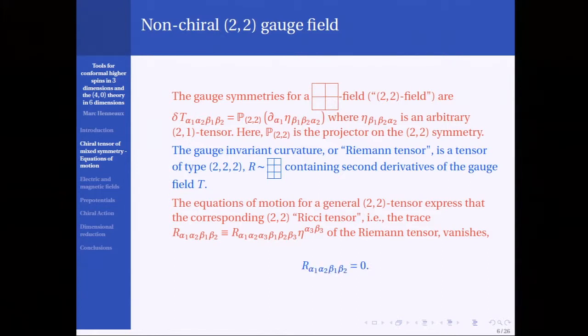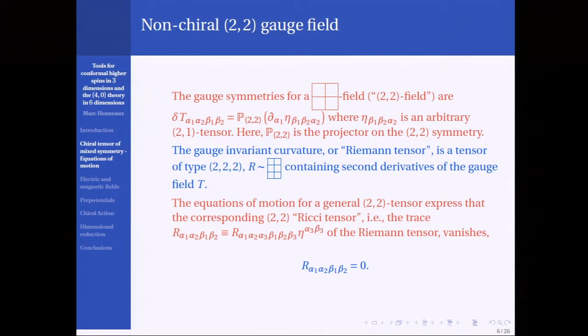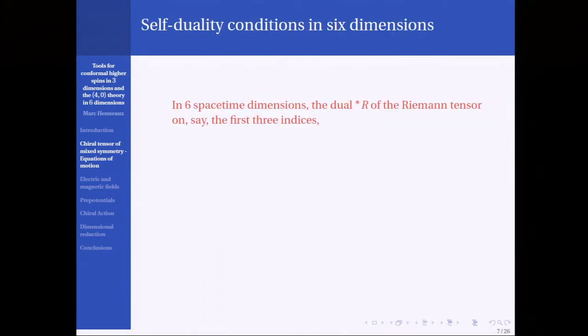And Curtright showed that these were meaningful equations describing the correct number of helicities. So here they are. The trace is equal to 0. I will call it Ricci by analogy with the familiar case of Riemannian geometry.